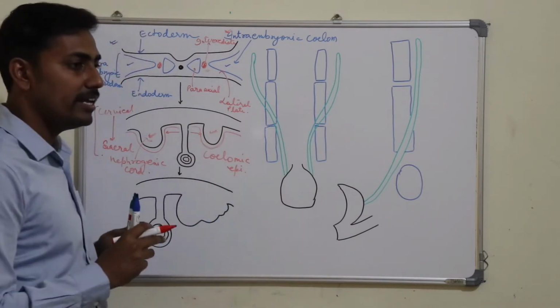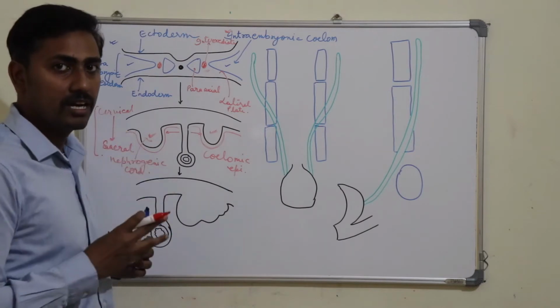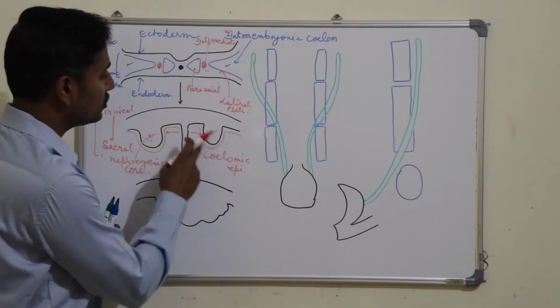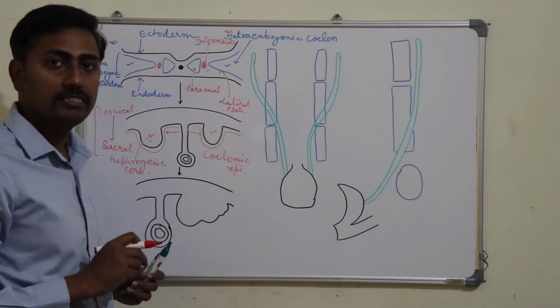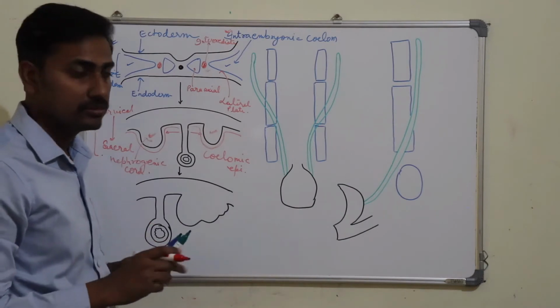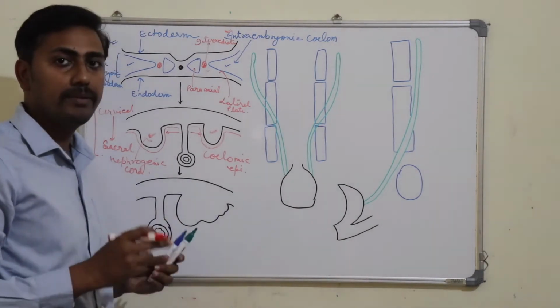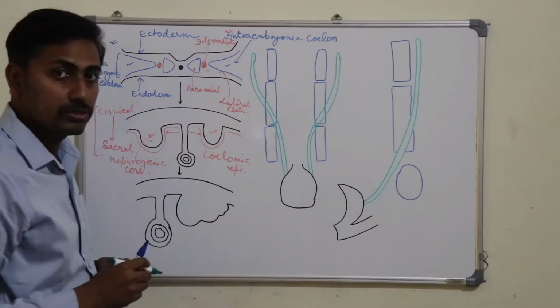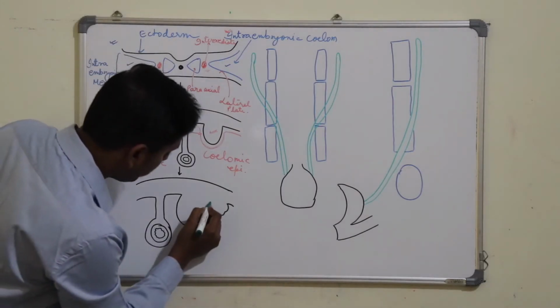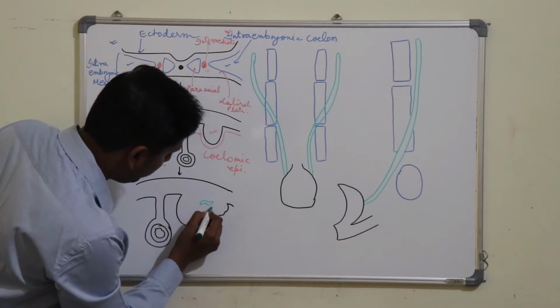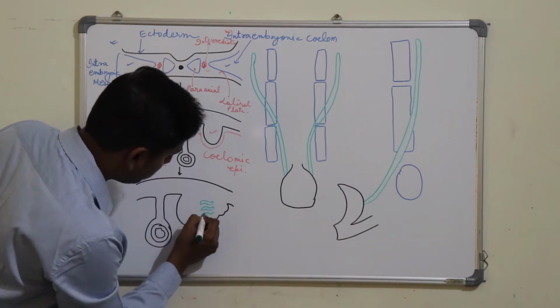Now, four very important structures are formed in this nephrogenic cord. First are the excretory tubules, which are related to the development of the kidneys. So here lies the formation of the excretory tubules in the nephrogenic cord.